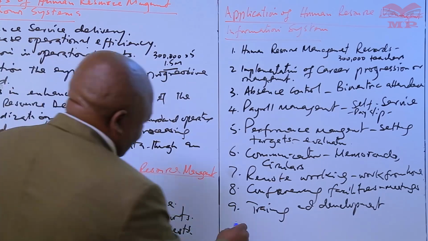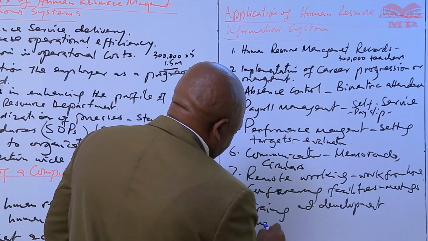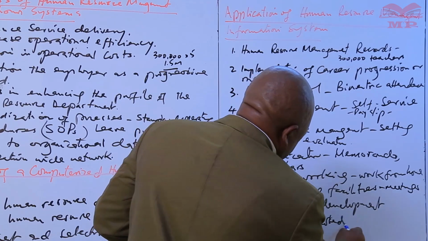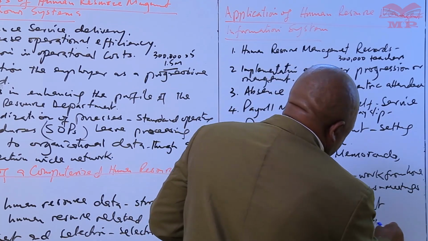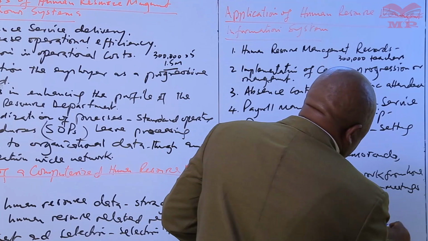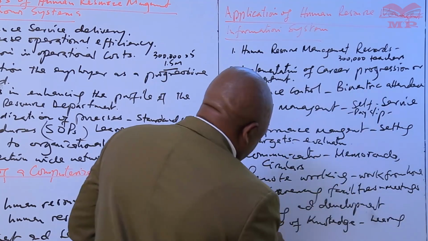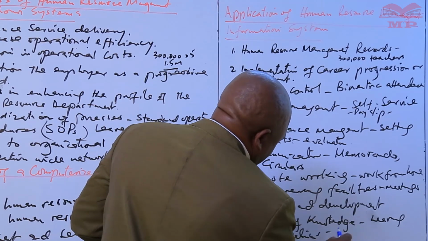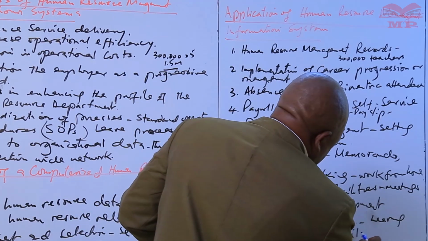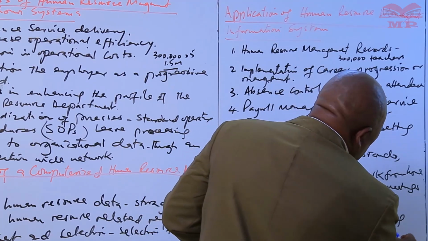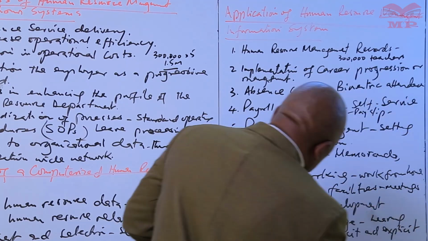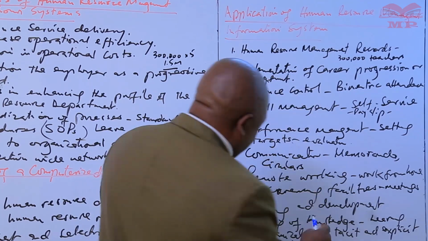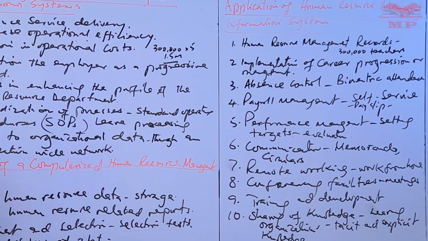There is also the issue of sharing of knowledge, especially where you have learning organizations. In this area, you have what you call tacit and explicit knowledge. Organizations can use knowledge management to make their workers work together and share knowledge.